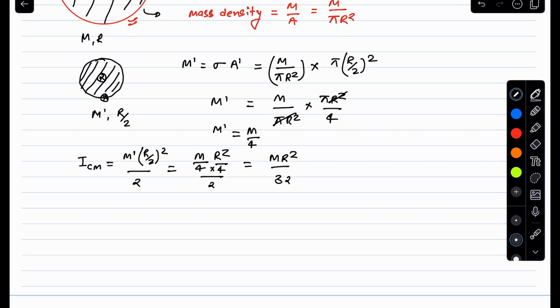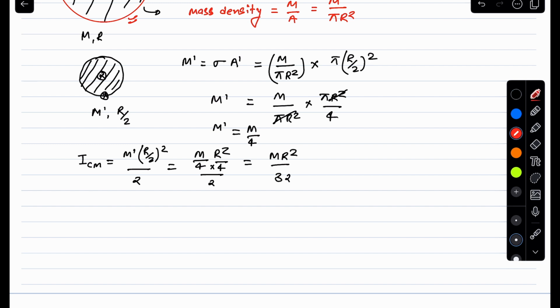Okay, and then I need to find out about this point O. So I need to figure out the moment of inertia about the point O. For that I will apply the parallel axis theorem. So I will say object 2's moment of inertia about the point O is, according to the parallel axis theorem, ICM plus md square. If you don't know what the parallel axis theorem is, I will provide the link in the description. You can watch the video on what the parallel axis theorem is and how we use it.